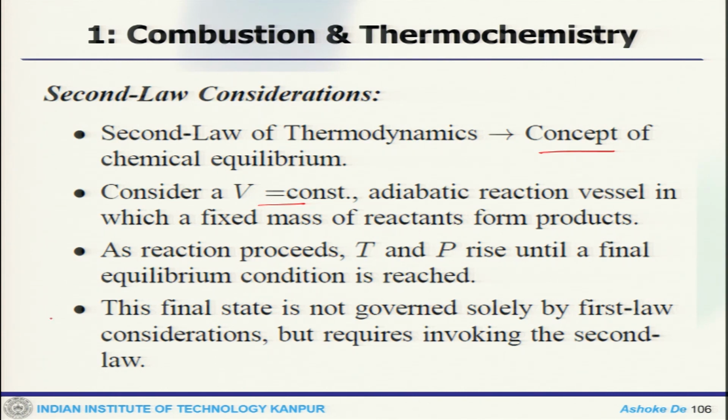As the reaction goes along, T and P rise until a final equilibrium condition is reached. For this final state, the first law gives you the energy balance, and you can find out how much heat is evolved due to the reaction, but the second law will tell you the final state that it reaches.